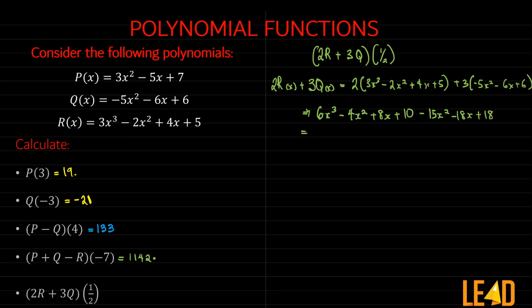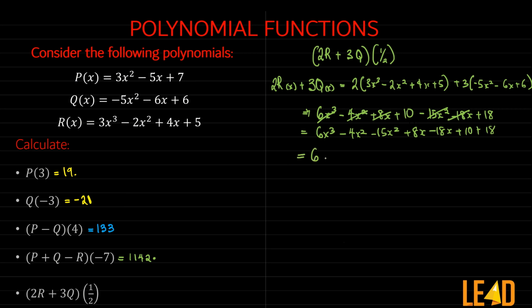Okay, my next line, I need to just put them together. I would have 6x cubed by itself. Then I pick out these other ones. I would have minus 4x squared minus 15x squared. Then I would have plus 8x minus 18x. And then plus 10 plus 18, right?